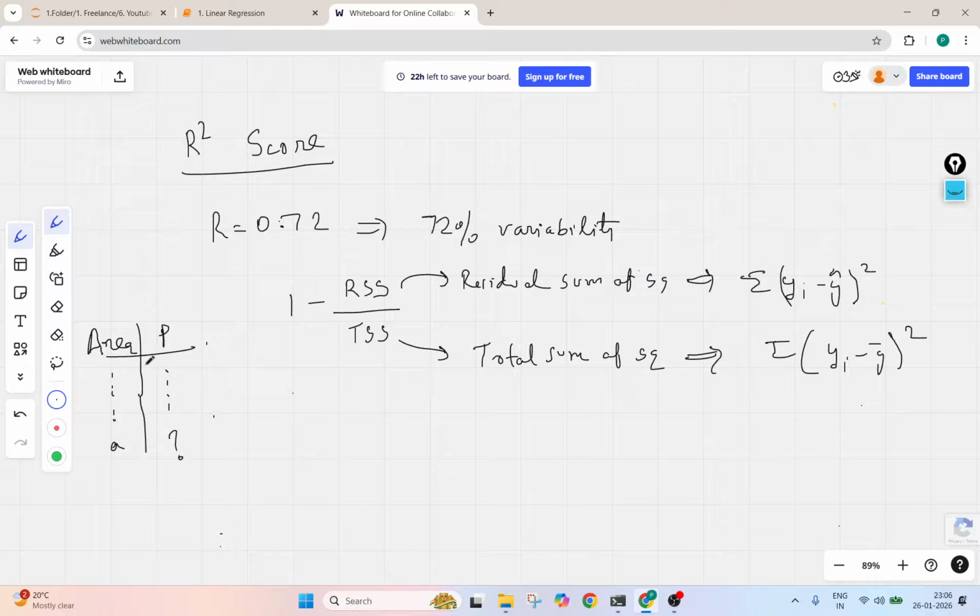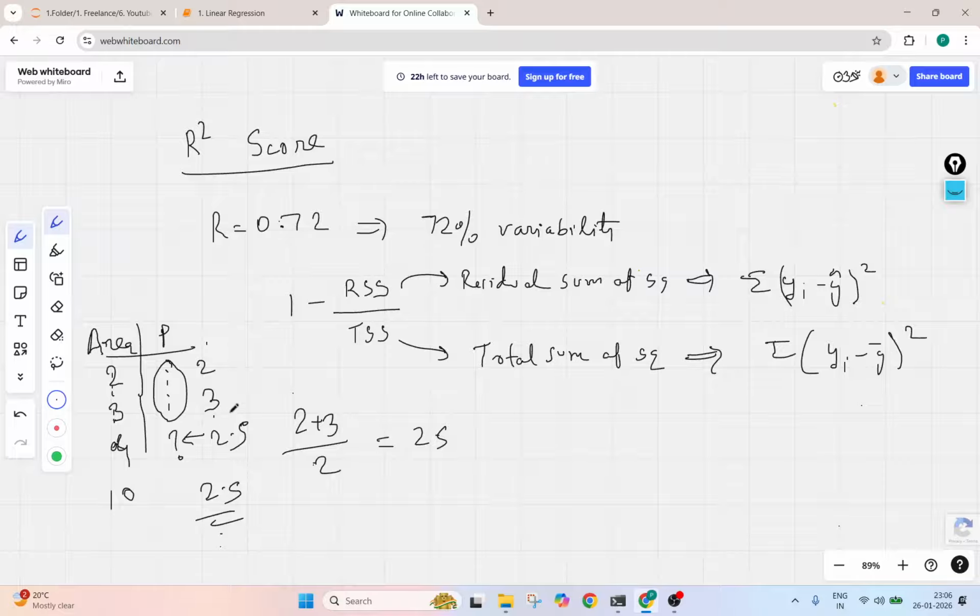What you can also do is find the mean of all the prices and put it over here. One of the ways to treat missing values, right? For example, you have prices for areas 2, 3, and I ask you what would be the value for 4. You can say, okay, I'll take 2 plus 3 by 2, so 2.5. Even if I say the area is 10, you will still say 2.5, because that is the average.